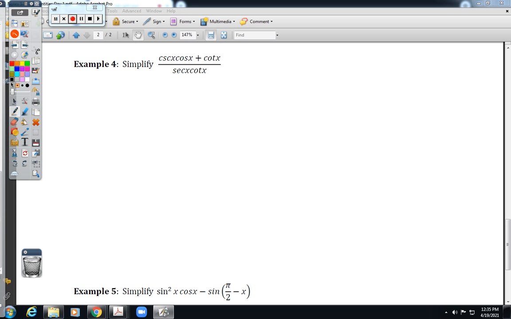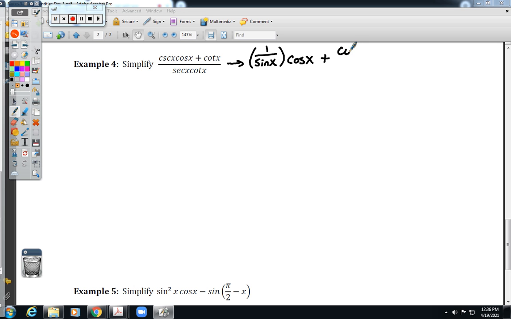So, okay, again, we start off, we write everything in the entire expression in terms of sine and cosine. So we just start with cosecant is 1 over sine. So we go, okay, that's 1 over sine x times cosine x, which we don't need to change because it's already in terms of sine and cosine, plus cotangent, which is cosine over sine.